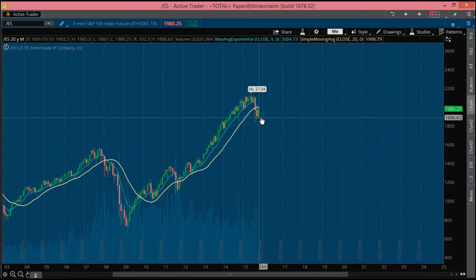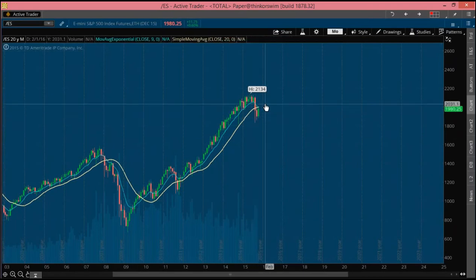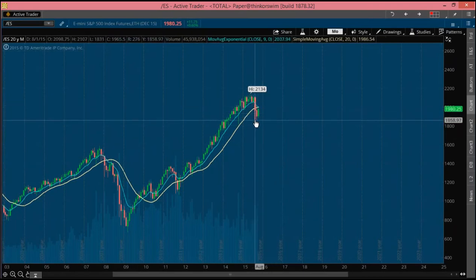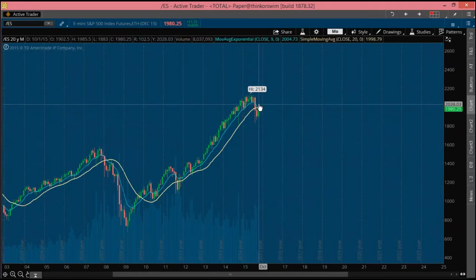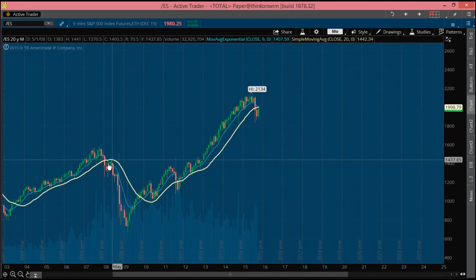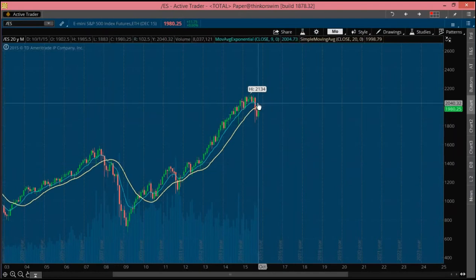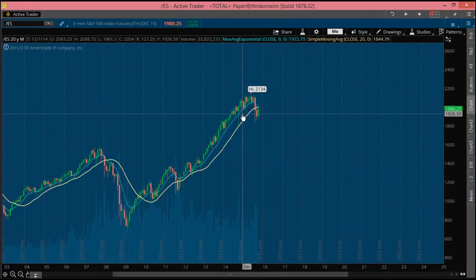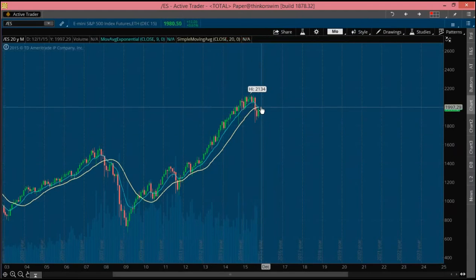So I'm looking at the possibility, I don't know, that this is setting up to be very much the same type of pattern that we saw on this pattern here. But in itself, the upward trend has been violated, and we're trading below the 9 and the 20. So there's no trend, or the trend has been violated on the monthly chart.